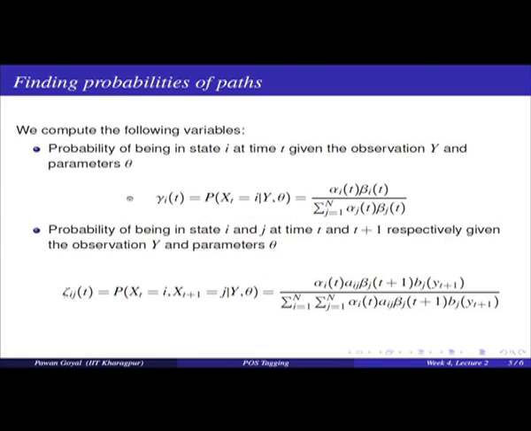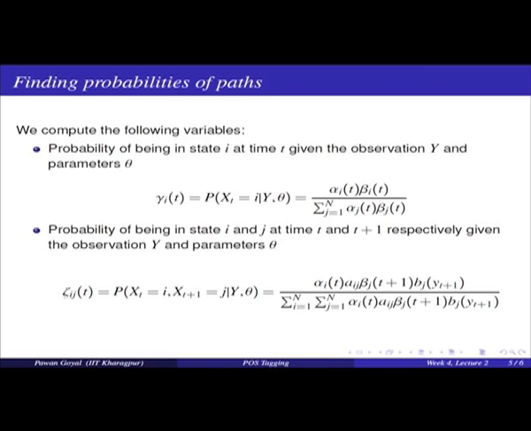So I am giving these some names. Firstly I have gamma it, that gives me the probability that at the tth point the state is i given my observations y and theta parameters. And similarly I have zeta ijt, that is the probability that at the tth point I have state i, and at the t+1 point I have state j, given y and theta.